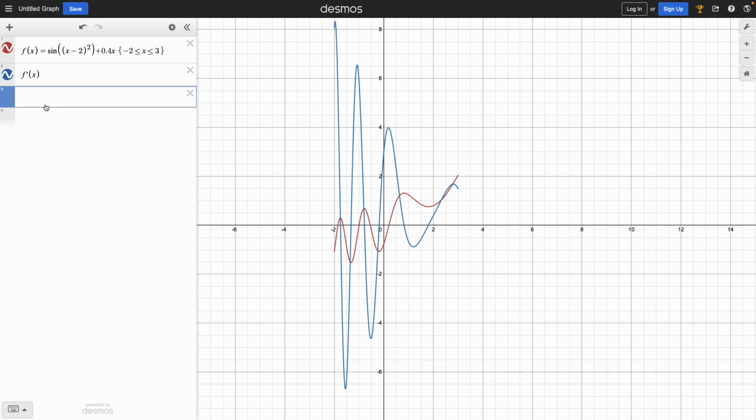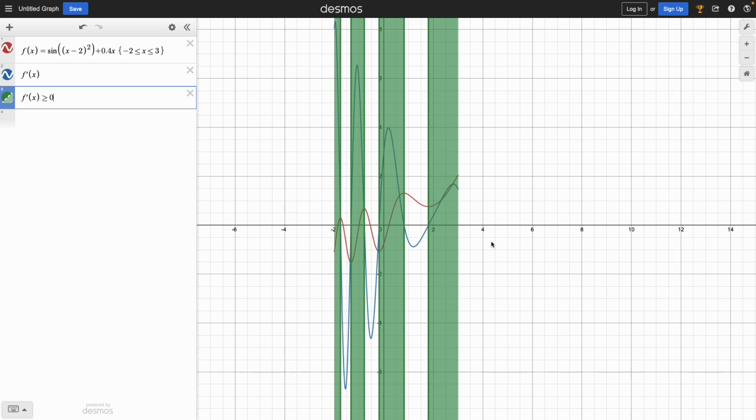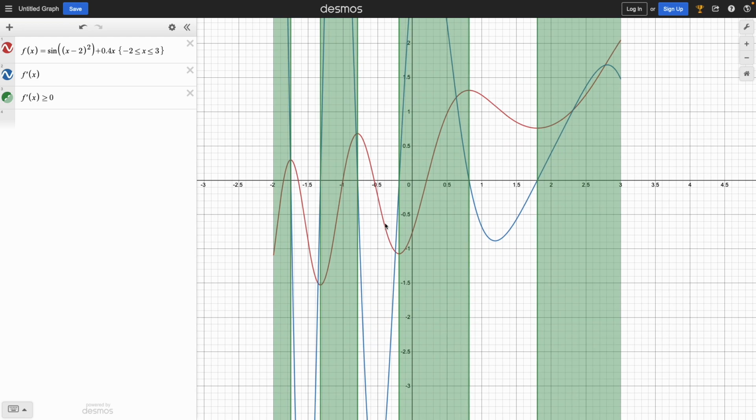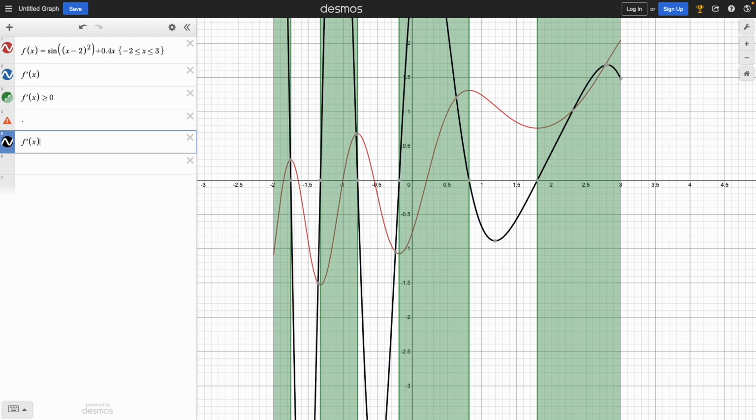And now I can input some other version of it, and I can say that f prime of x is greater than or equal to 0. These green shaded regions on my red curve are the increasing intervals of my function, and similarly I can get, I'm sorry, I'm just trying something here, f prime of x.